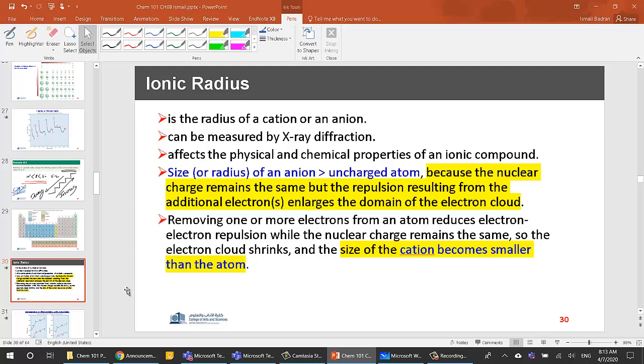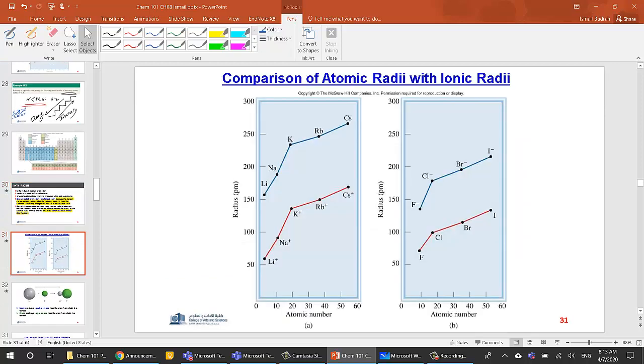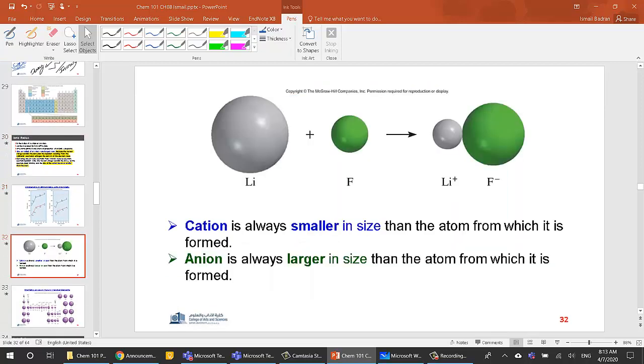But we have two rules here that you need to know: the size of the cation is always smaller than the neutral atom, and the size of the anion is always bigger than the neutral atom.